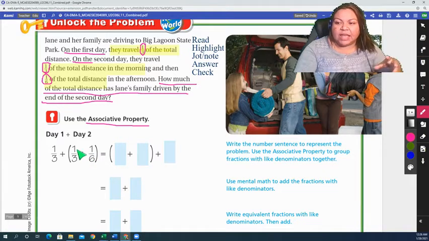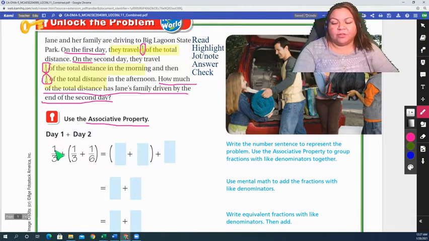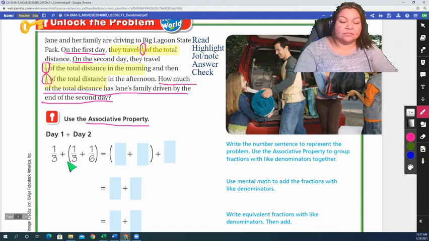Initially, I have 1/3 plus 1/6, and remember that in order of operations, we do parentheses first. So if we follow the way it's written here, we would add 1/3 plus 1/6 first. But why would I not want to add that first? Think about it. Why would I want to add 1/3 plus 1/3 first instead?